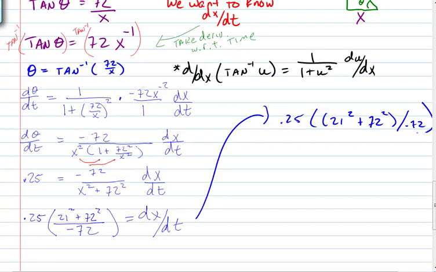What's your calculator? That's the answer I got the first time. But you can go 0.25 times 21 squared plus 72 squared divided by negative 72.